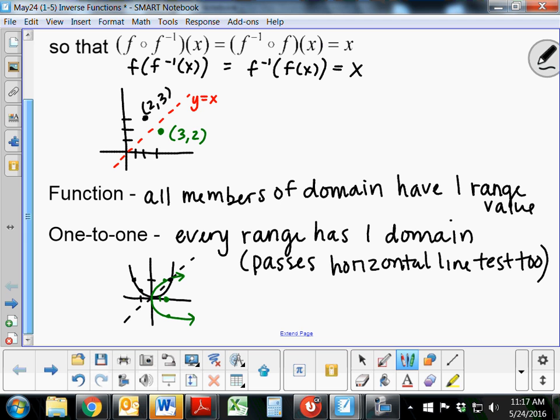What's a parabola that isn't one-to-one? A parabola is a function, but it is not a one-to-one function. Y equals x would be a one-to-one function. They have to pass both types of tests to be one-to-one. So then what's the plus minus square root of x considered?